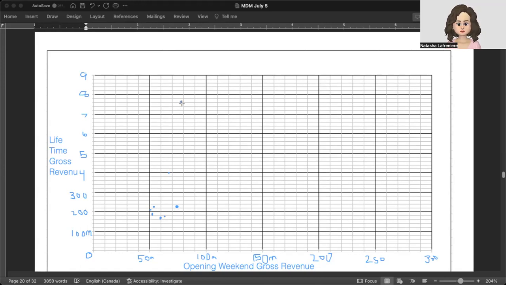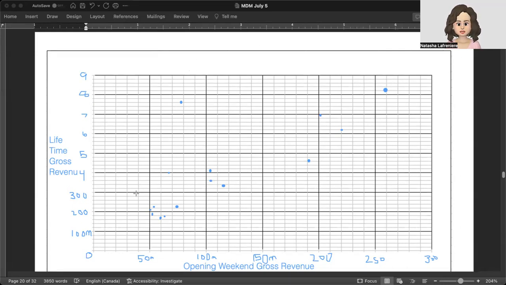And then your last one up here. If you throw them into your scatter plot like that, again, it's a lot easier to do on paper.